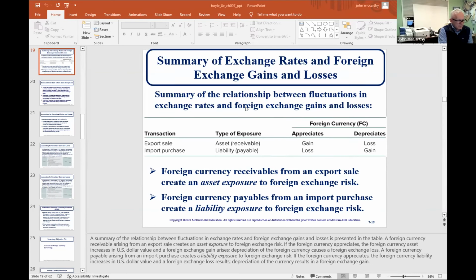So the dollar appreciated, which means the foreign currency depreciated. This is a purchase. Again, we bought them. So if the foreign currency depreciated on a purchase, we get a gain. This is a good slide, 7.19, which is on Canvas.